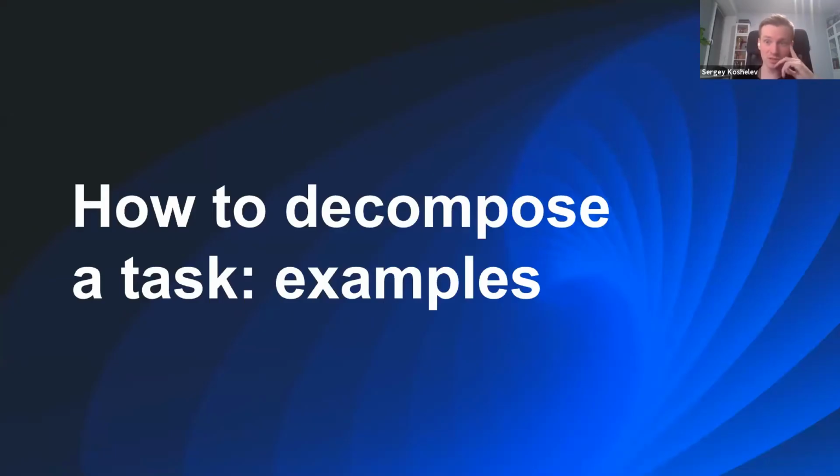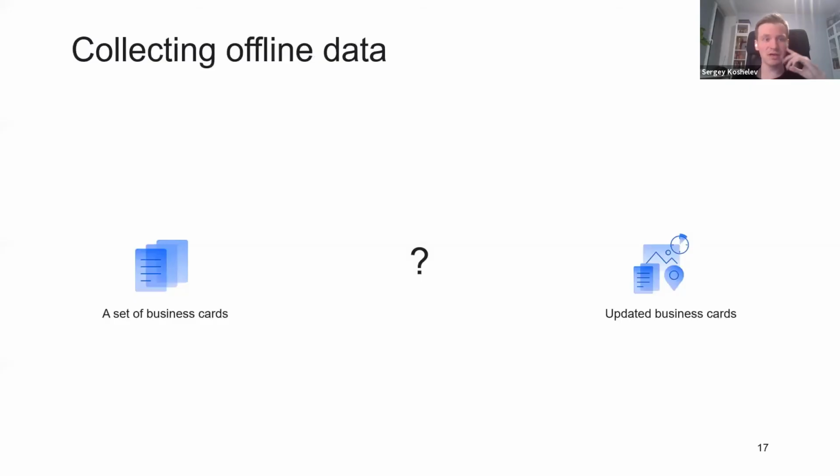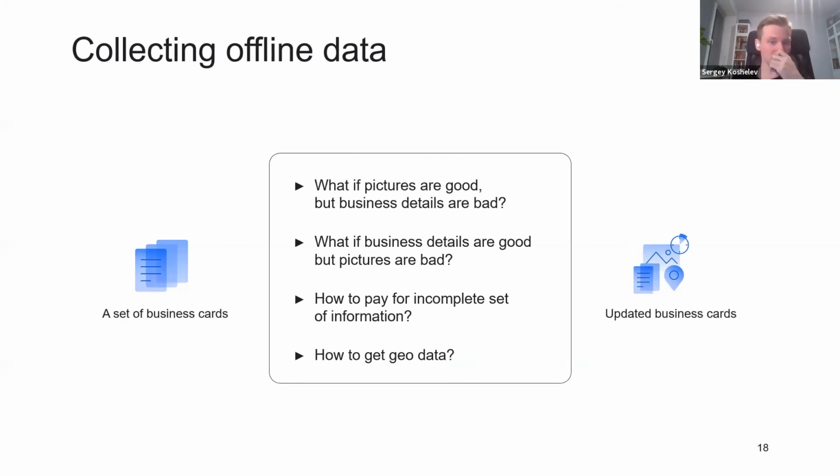So let's see some actual examples of applying decomposition. For example, you need to collect some offline data. Say you have a set of business cards, and they include pictures of entrances to a business.